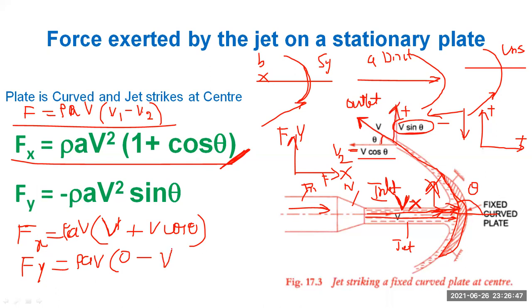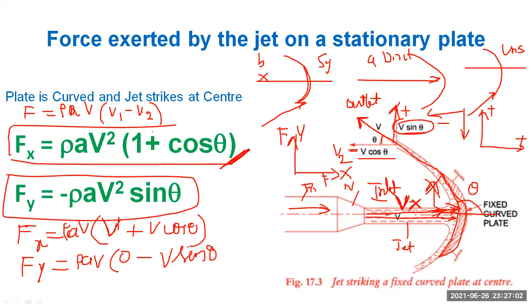So minus v sin theta. So you will get minus rho a v square sin theta. So Fy will be equal to minus rho a v square sin theta. So these are the two equations for force exerted by the jet on a stationary curved plate. That is Fx is equal to rho a v square into 1 plus cos theta, and Fy is equal to minus rho a v square sin theta.